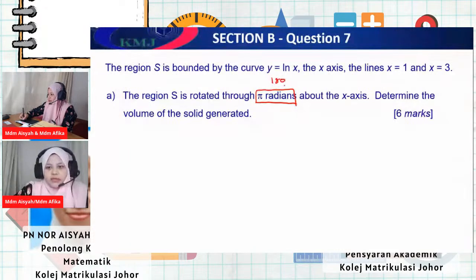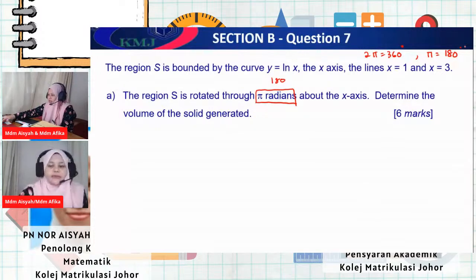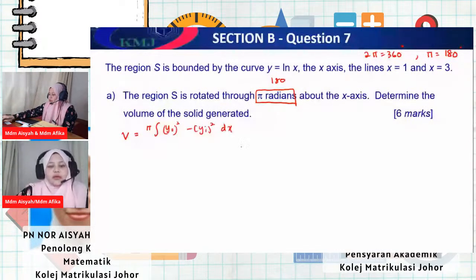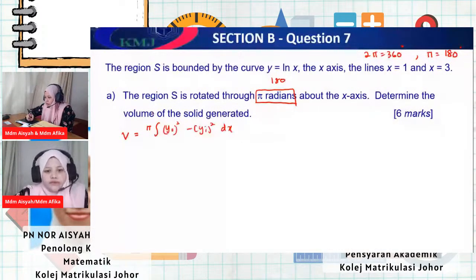Because 2 pi is 360 degrees, so pi means 180 degrees. So the formula for volume is V equals pi integrate y outer squared minus y inner squared dx. So this is the general formula.